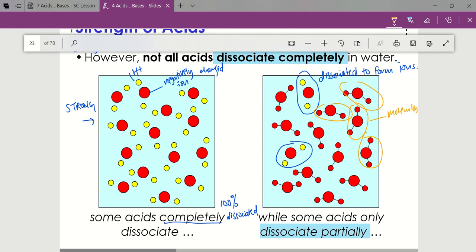So when I have partial dissociation, we call this a weak acid.